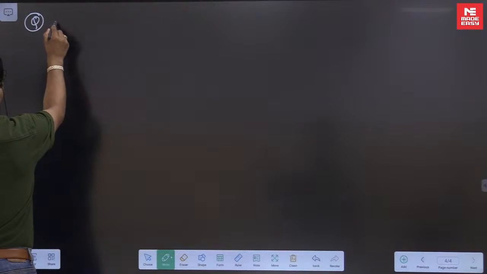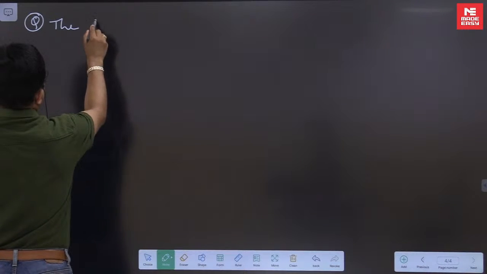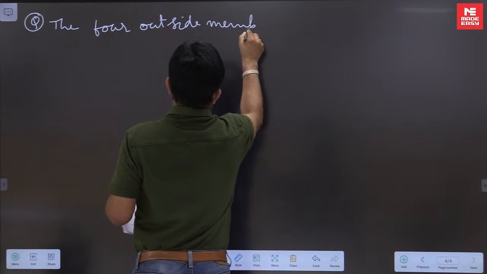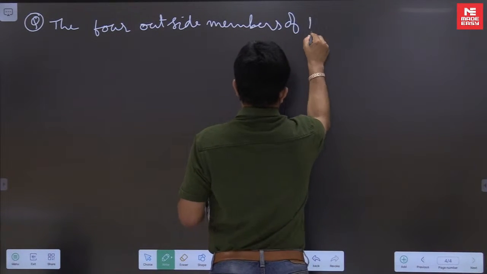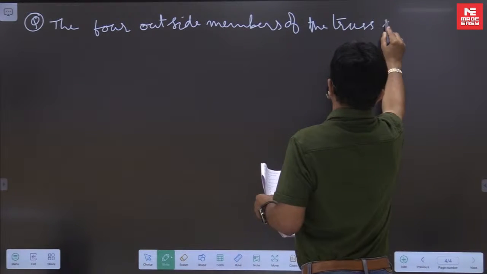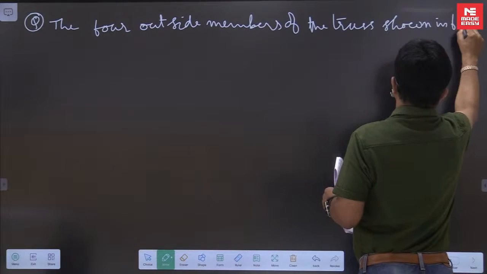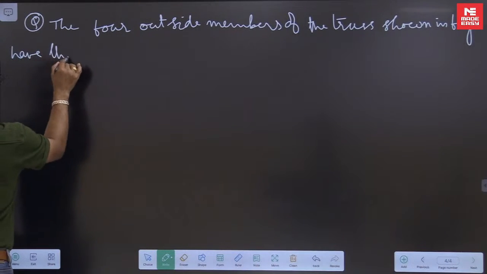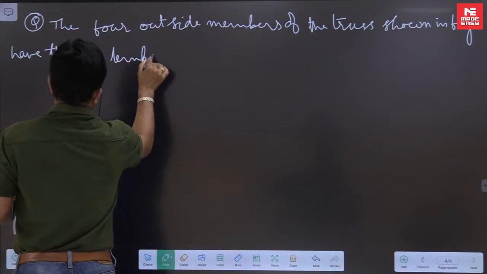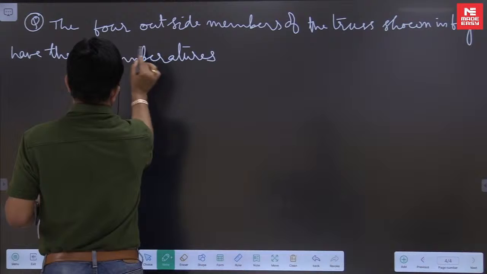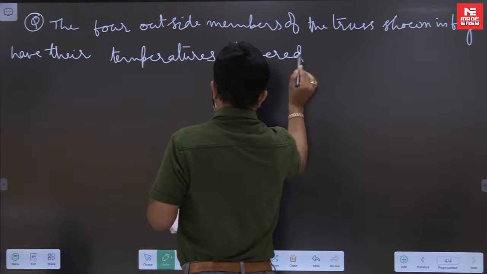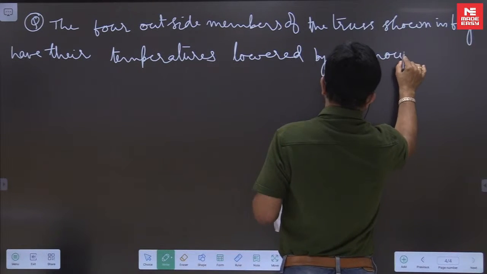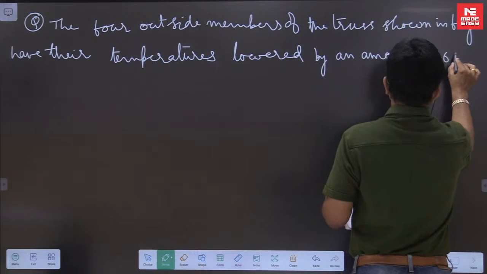This is C. The 4 outside members of this truss shown in figure have their temperatures lowered by an amount of 60 degrees centigrade.